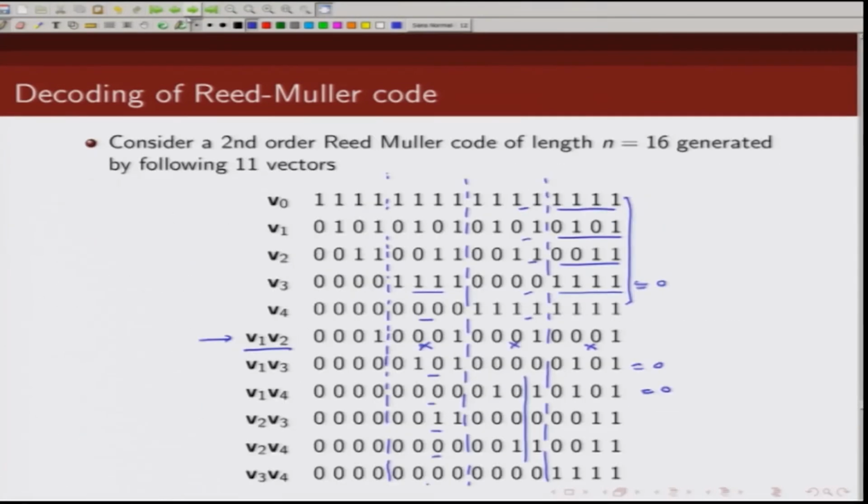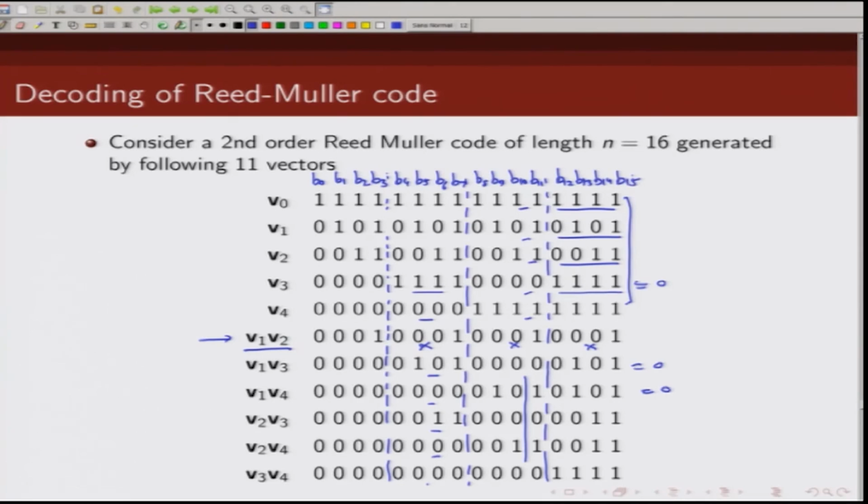So this is, let us say, B0, B1, B2, B3, this is B4, B5, B6, B7, this is B8, B9, B10, B11, this is B12, B13, B14, B15.